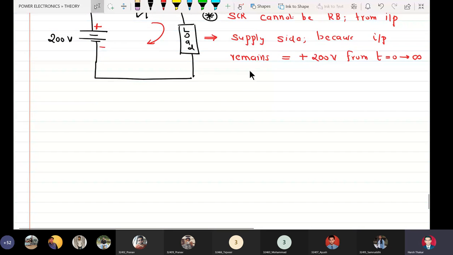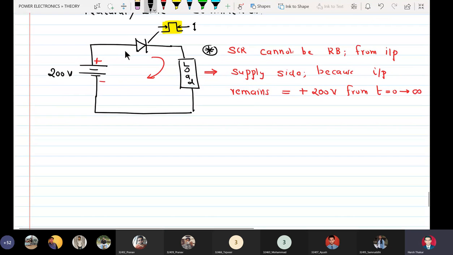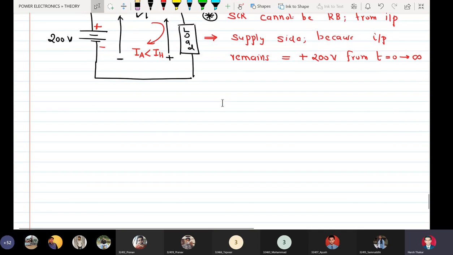So what I need to do is that I have to make an arrangement such that if this is anode, this is cathode, if somehow I can have a negative potential at the anode with respect to the cathode, or else another way is that I can reduce the device current IA below the critical value holding current, then I can commutate the SCR.